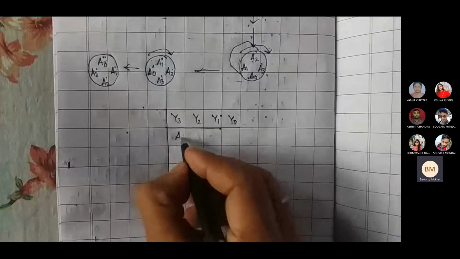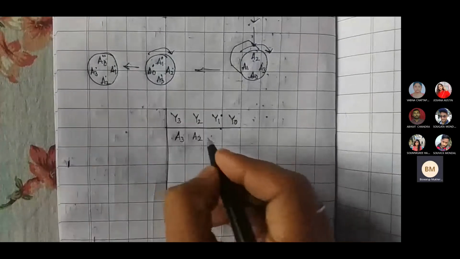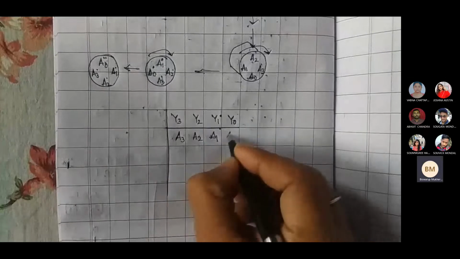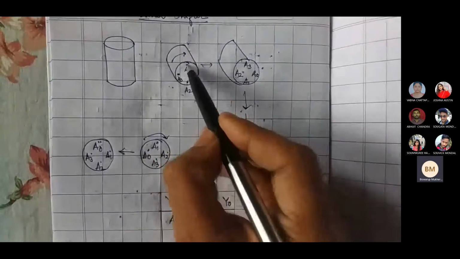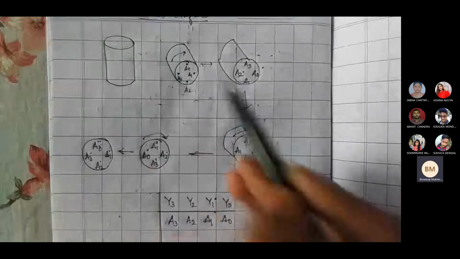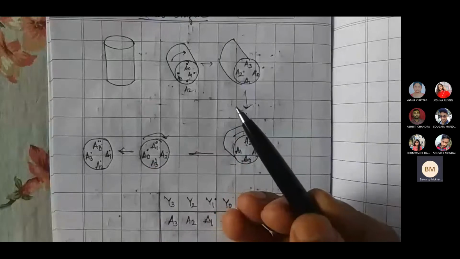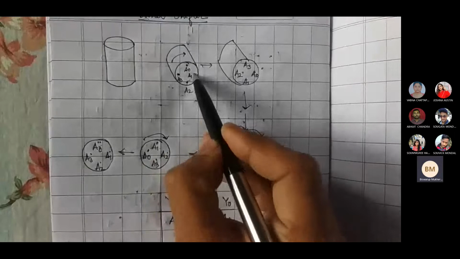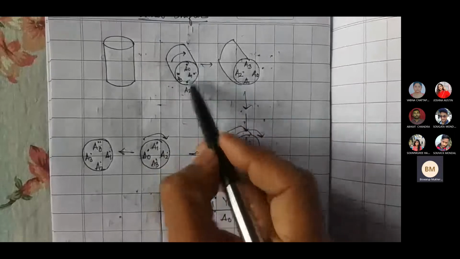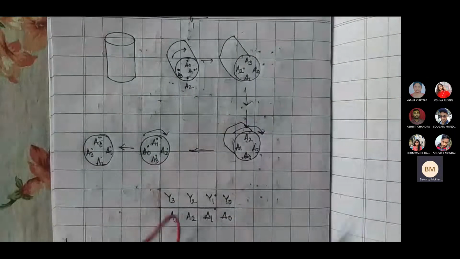It is maybe A3, A2, A1, A0. A position initially zero. So this is actually your y3, y2, y1, y0. না না এইদিকে y3, y2, y1, y0 এই চারটে পজিশন এইভাবে আছে, ঠিক আছে? Now how will it rotate?